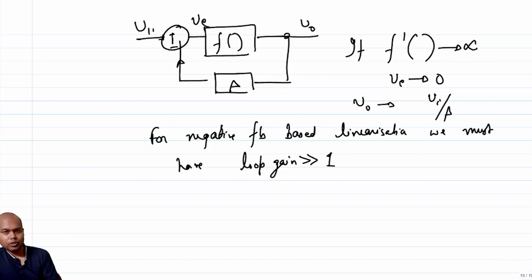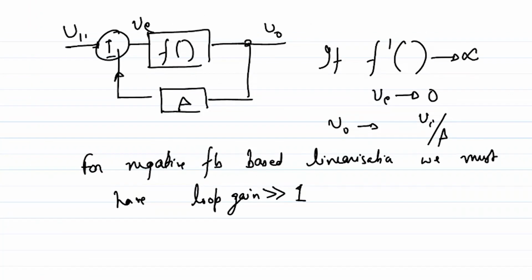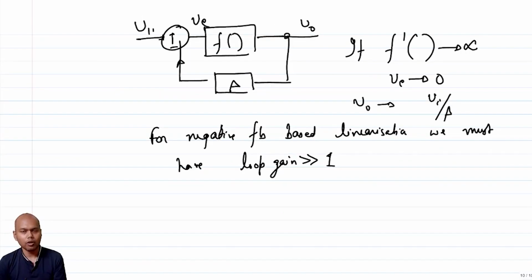And why is this an issue? This is an issue because in RF systems, it is easier to generate loop gain much greater than 1 at low frequencies, right? At maybe few megahertz, maybe 100 megahertz or so. But the moment you go to multi-gigahertz frequencies, it is not trivial to generate high loop gain. When I say high loop gain, I mean of the order of 40 dB, 50 dB and 60 dB, while maintaining stability and all those things, right?